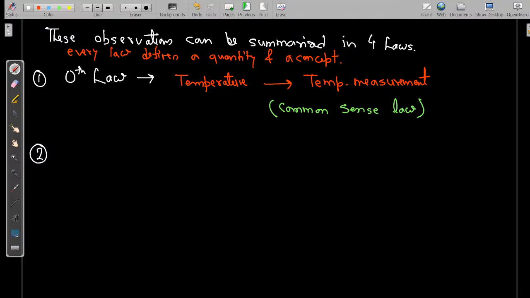Second is the first law of thermodynamics. The quantity which this law defines is energy, and the concept related to energy is energy conservation.